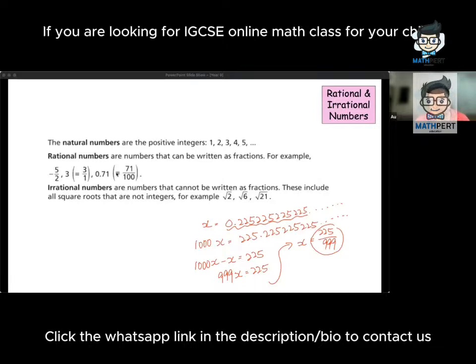Numbers that cannot be written as fractions, we call irrational numbers. Example, square root 2. If you press your calculator, square root 2, you should get 1.414142 and you will never see any repeating numbers after the decimal point. So if there is no repeating pattern, we cannot use this method.